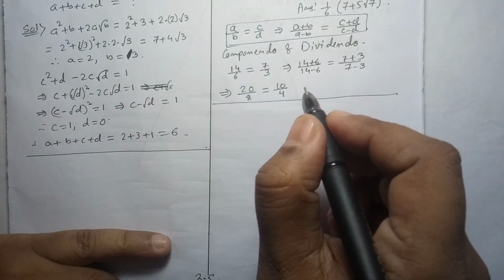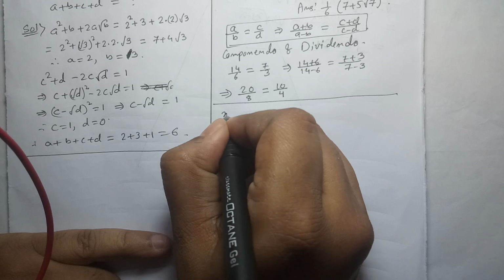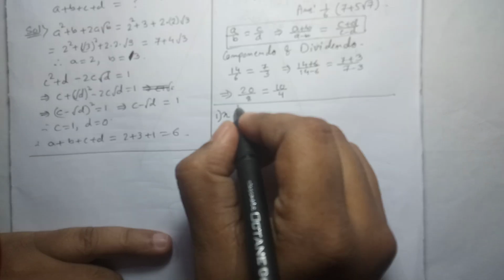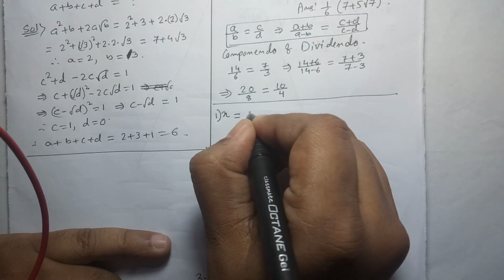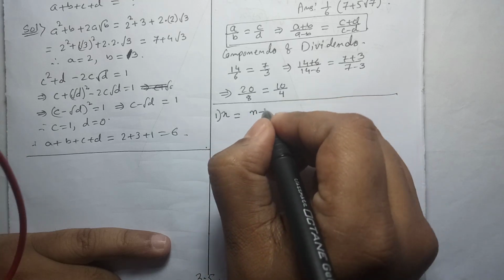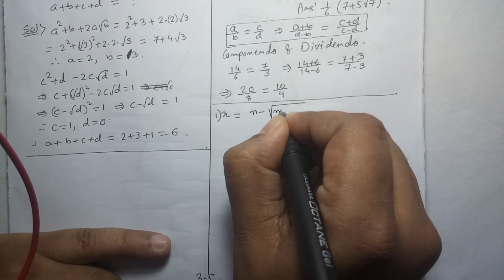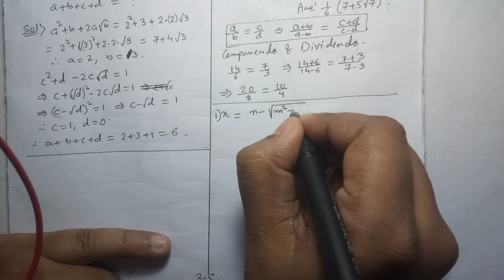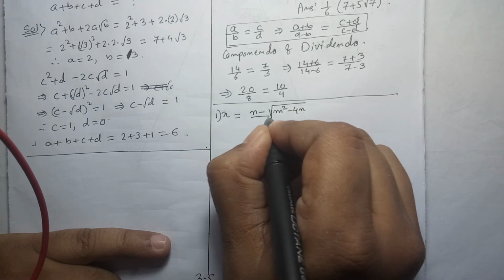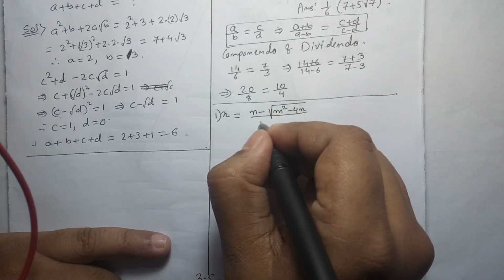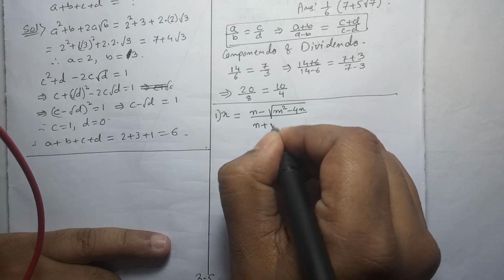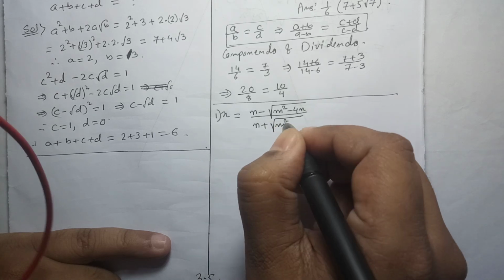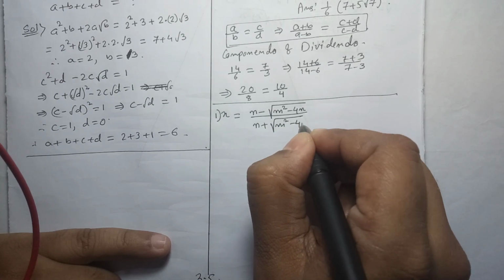The first problem says that x is equal to n minus square root of m square minus 4n, whole divided by n plus square root of m square minus 4n.